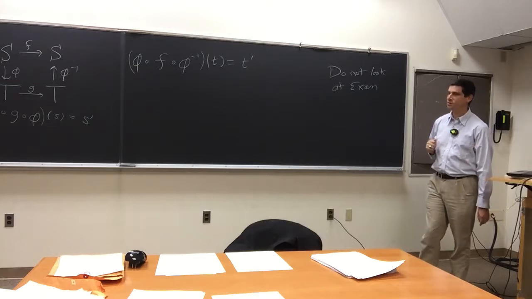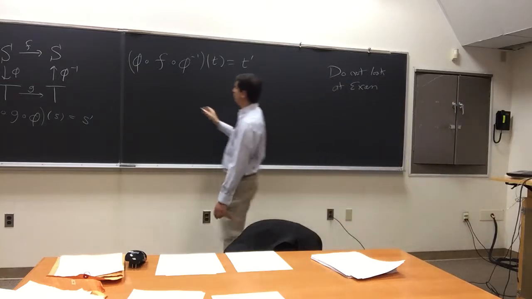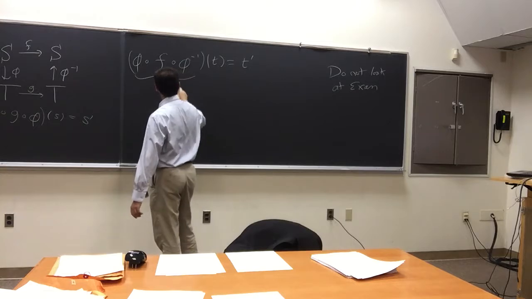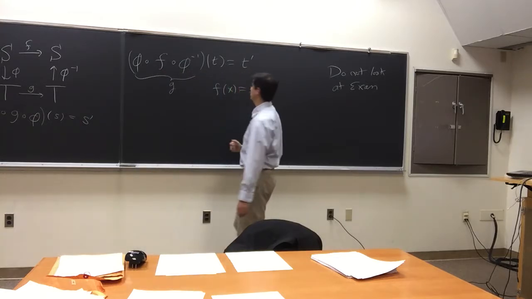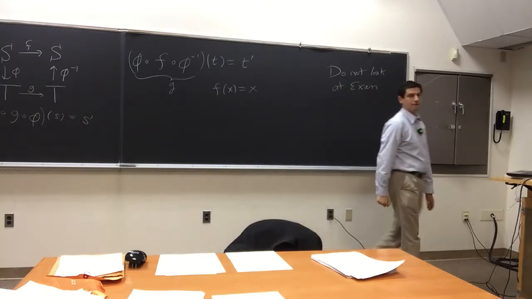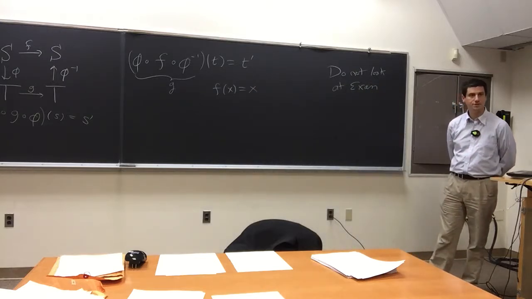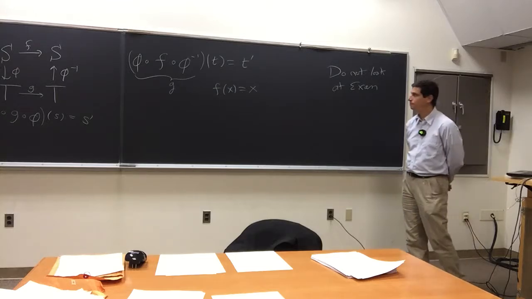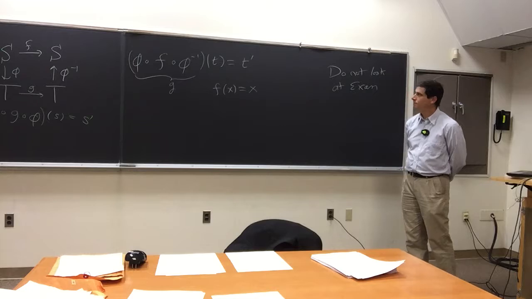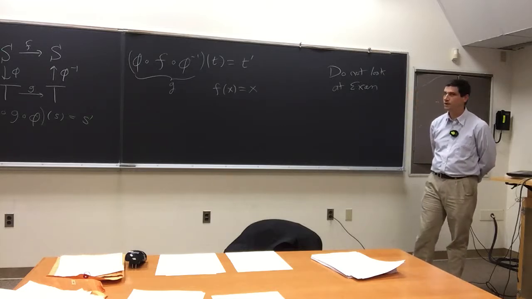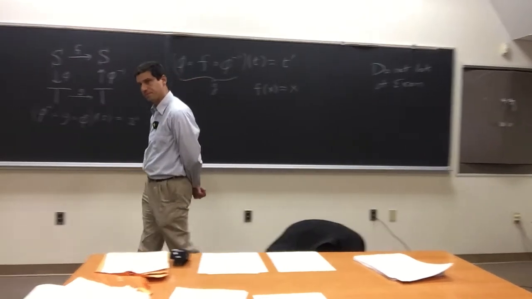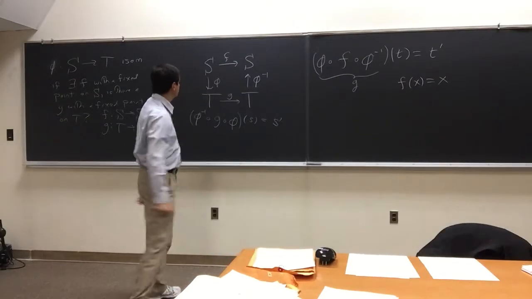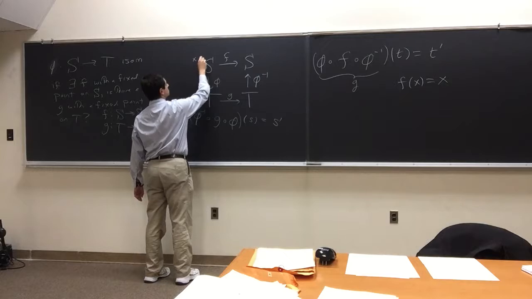What do you think the candidate would be for the fixed point for this function g? Let's say f of x equals x. So let's say x is a fixed point of f. Will g have a fixed point? We have some x over here.